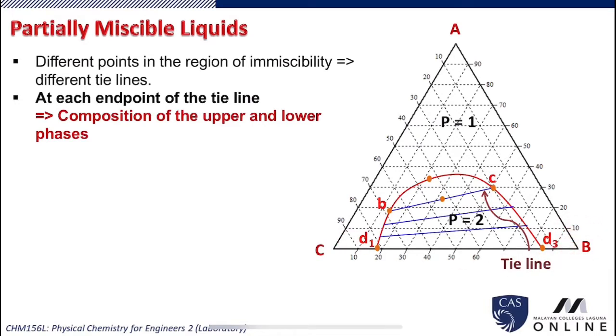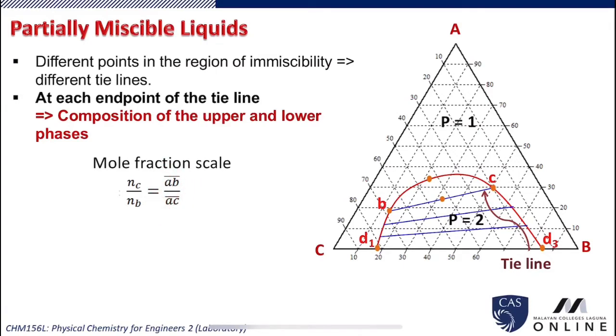Okay, now we could actually determine the composition of these using the lever rule. So that could either be in mole fraction scale, so that is given by moles of component C over moles of component B, that is equal to the line segment AB over the line segment AC.